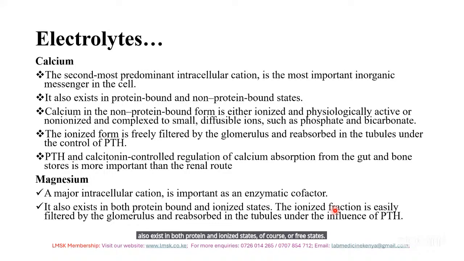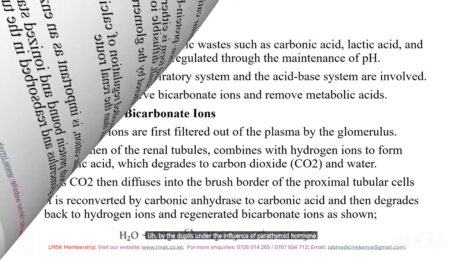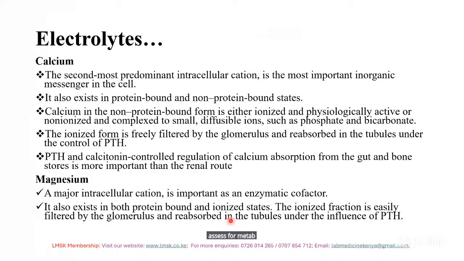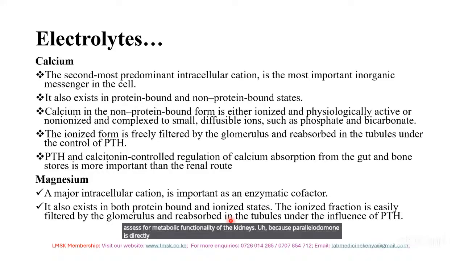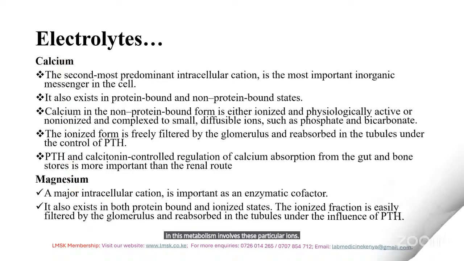This fraction is easily filtered by the glomerulus and it's absorbed by the tubules under the influence of parathyroid hormone. So you can be doing parathyroid hormone to assess for metabolic functionality of the kidneys, because parathyroid hormone is directly involved in the control of metabolism, and this metabolism involves these particular ions: calcium, magnesium, and phosphorus.